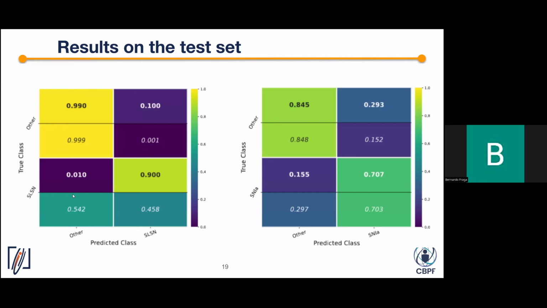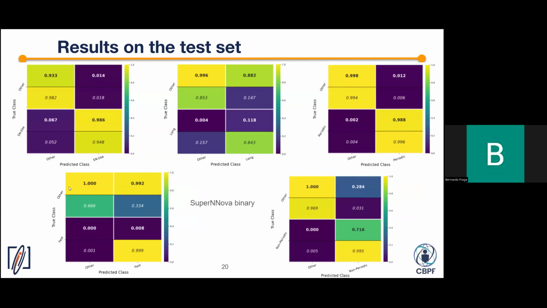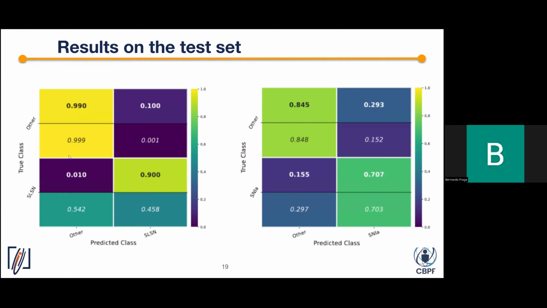The bold one is normalized to the predictions, and the italics one is normalized to the true values. So the main diagonal, folks, is this one here, sorry, the main diagonal, which is this, you get the precision or the purity in bold, and the recall or the completeness in italics.